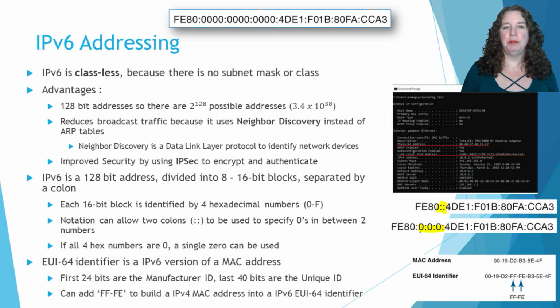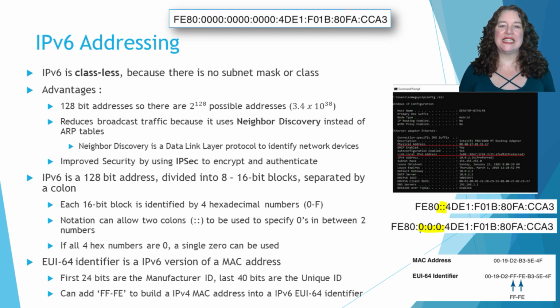So we created IPv6. It actually started in the 90s and it's worked its way up to being the new way of doing things. IPv6 is harder to say and harder to write out, but it also has plenty of options. IPv6 is 128 bits, which are separated into 8 16-bit blocks, separated by a colon.